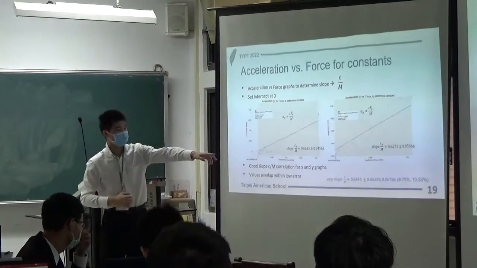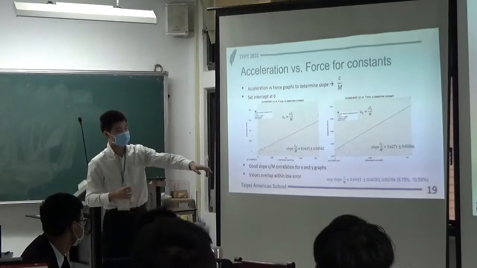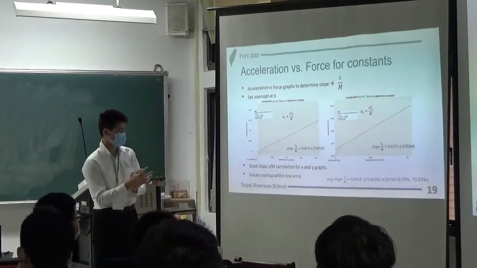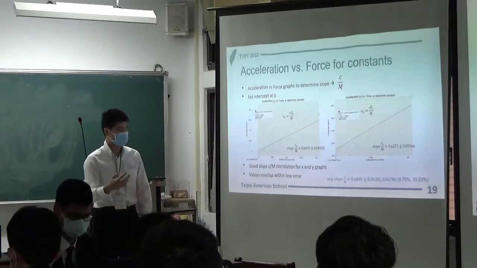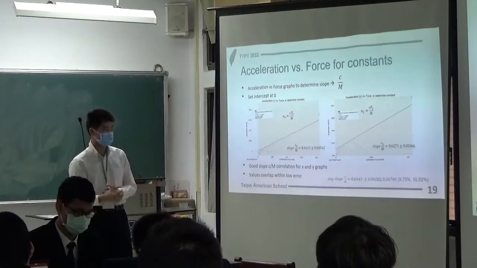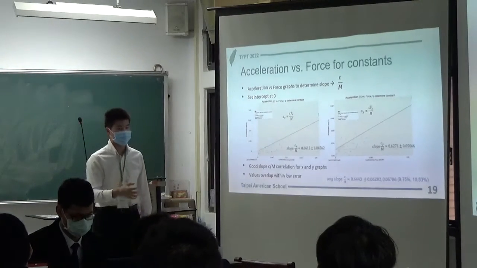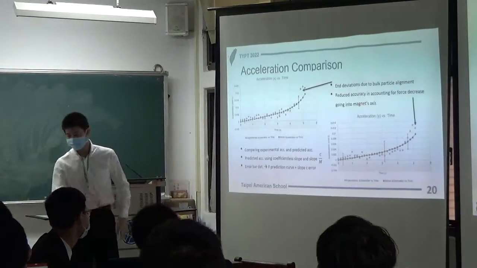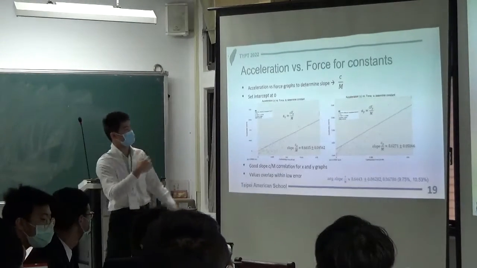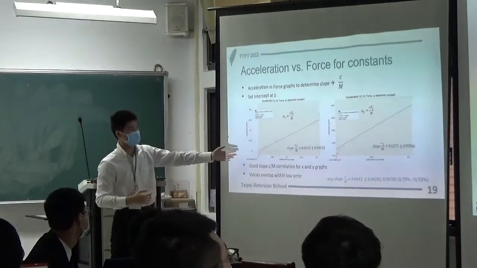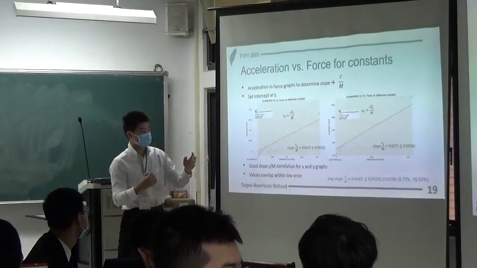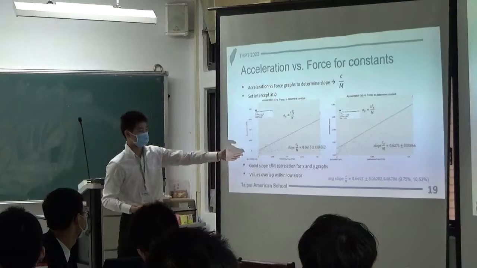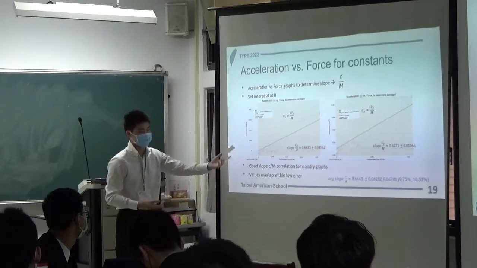As you can see, their values overlap within the errors. So it shows there's a good correlation between the x and y graphs, which are measured independently of each other. And also the important thing is that we have to set the intercept at 0, because when you have no force, you have no acceleration. So you have to intentionally set that at 0.